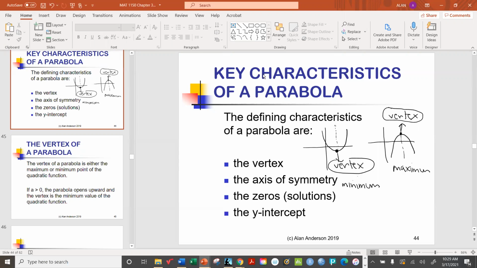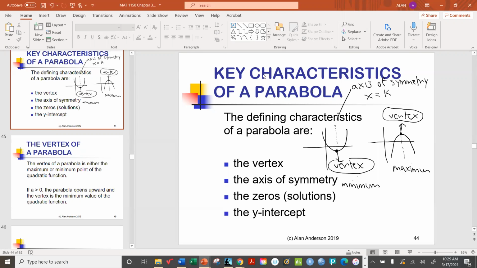The point of it is that the axis of symmetry is a vertical line, and it is technically not a function. It's x equals some constant k, let's say.